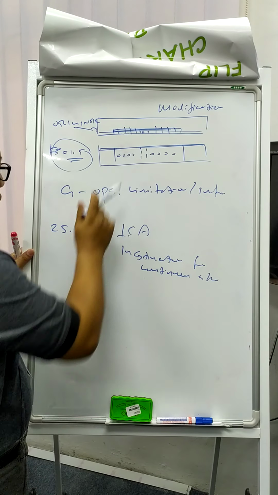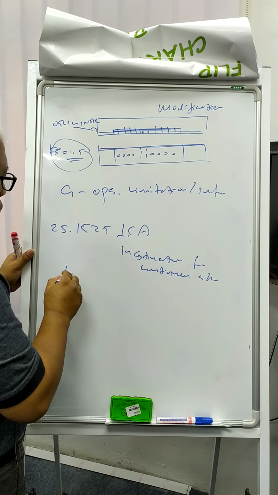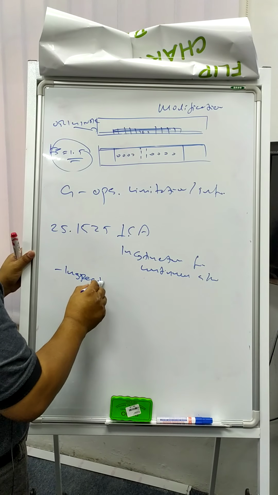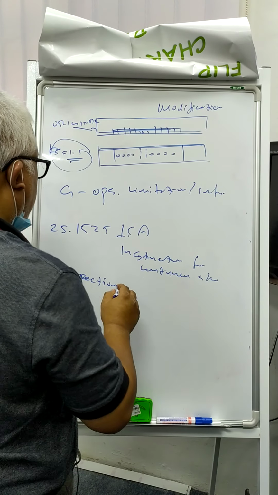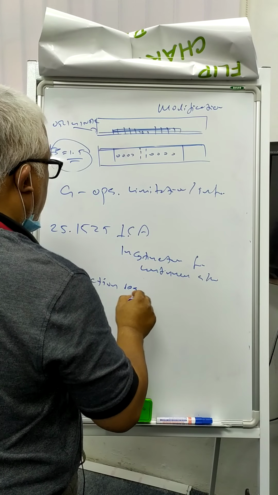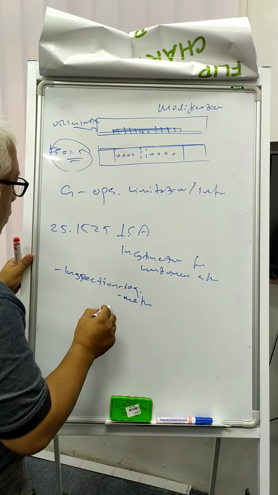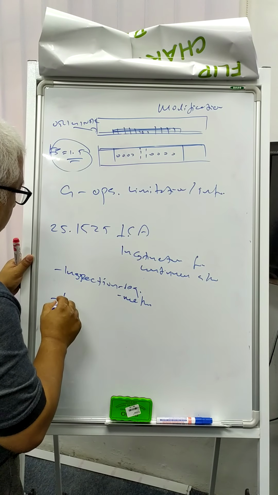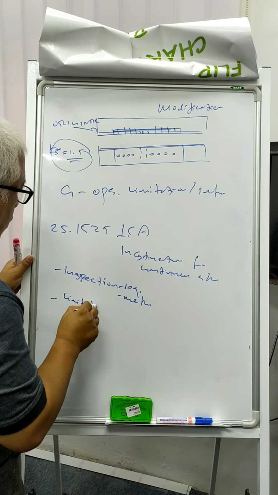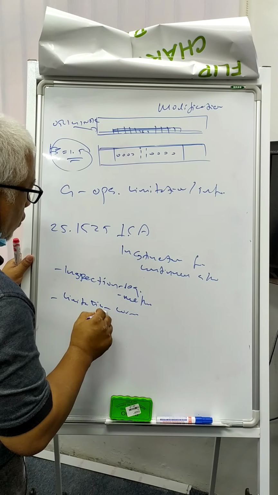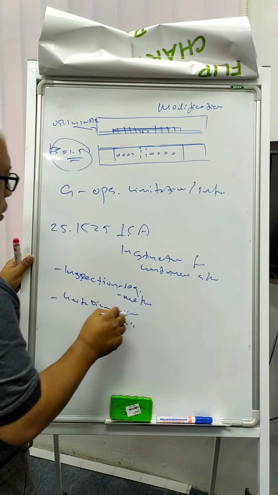First, you also need to have some inspection requirement, and then inspection method, and then you have to look at the limitation. For example, if you see corrosion, if you see a crack, what are the allowable limits?